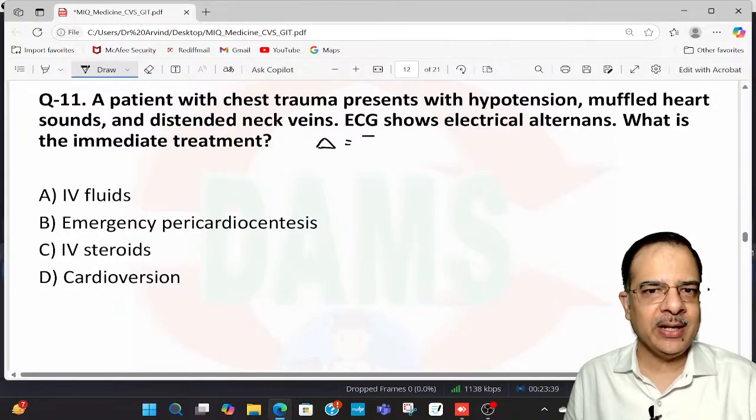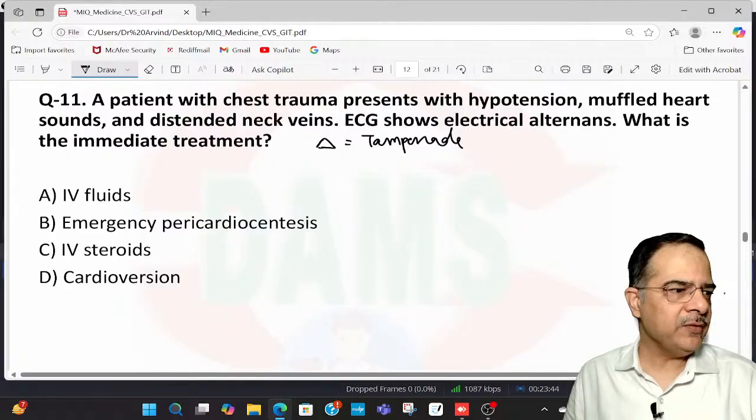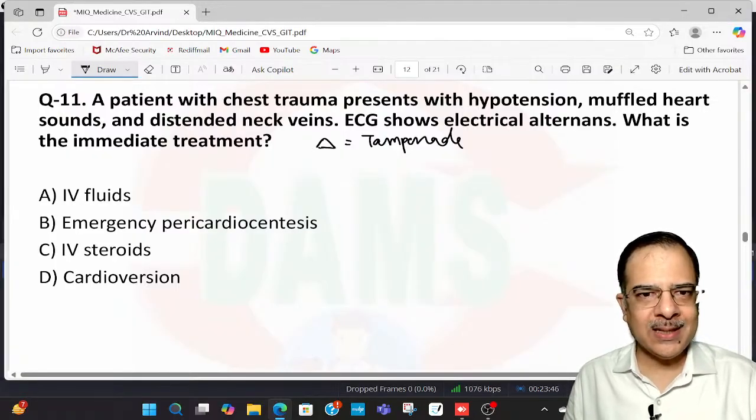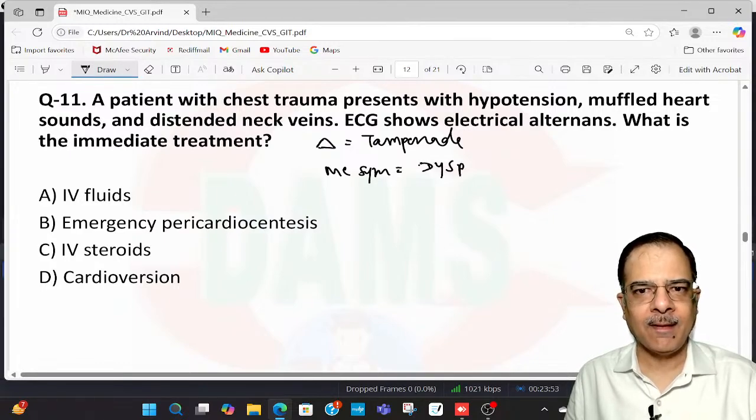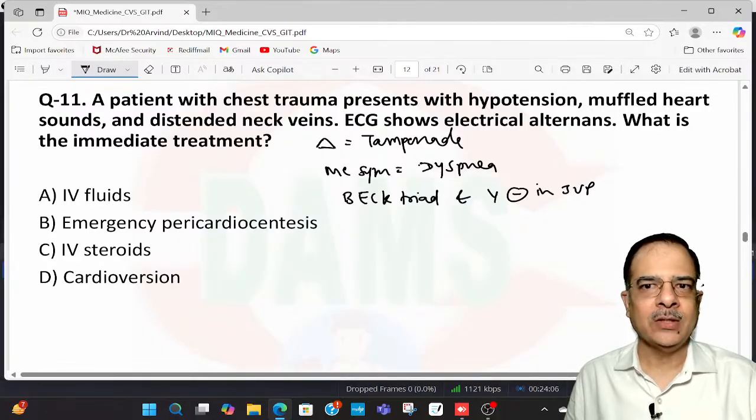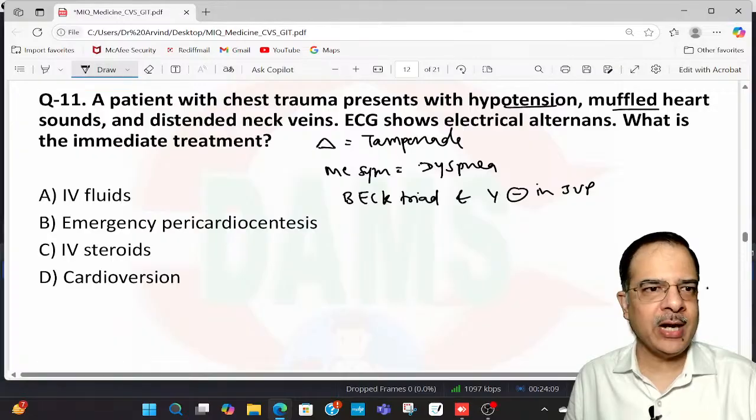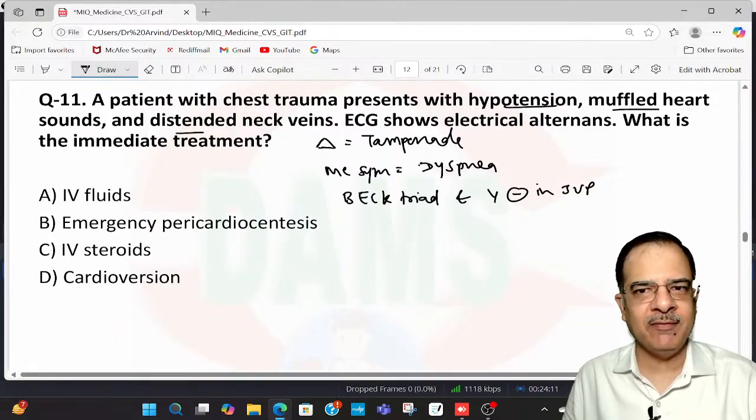So the diagnosis here is a case of tamponade. The most common symptom here is dyspnea, while the characteristic sign is Beck's triad and absent Y descent in the JVP. So it is Beck's triad: hypotension, muffled heart sounds and distended neck veins.